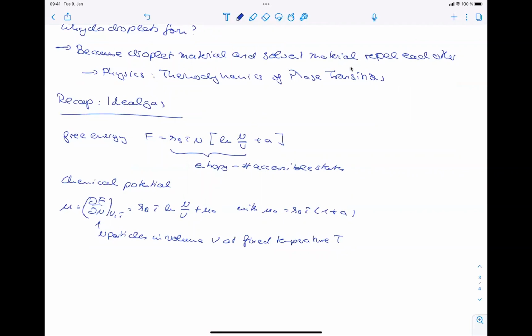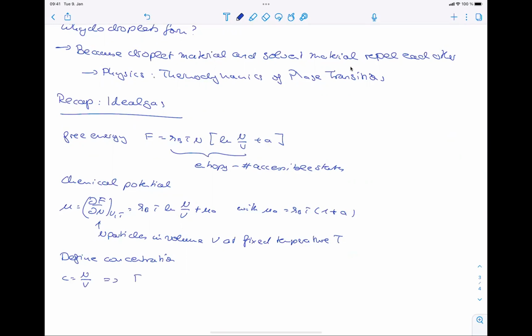And then what is actually more useful now, instead of looking at volume fraction as we did for binary mixtures, is to think in concentrations. So given that we have a fixed volume, we define the concentration as n number of particles per volume.